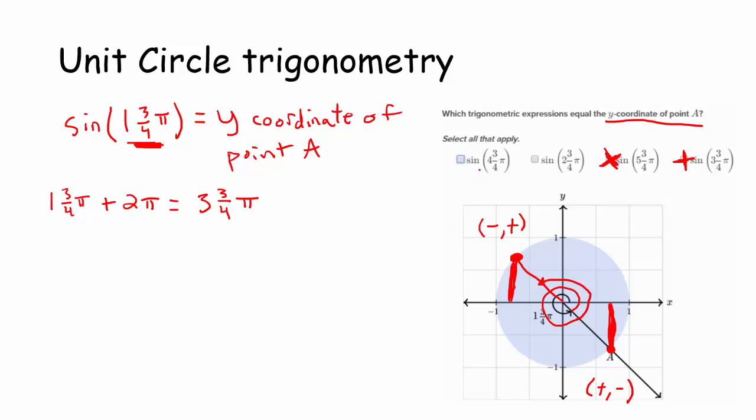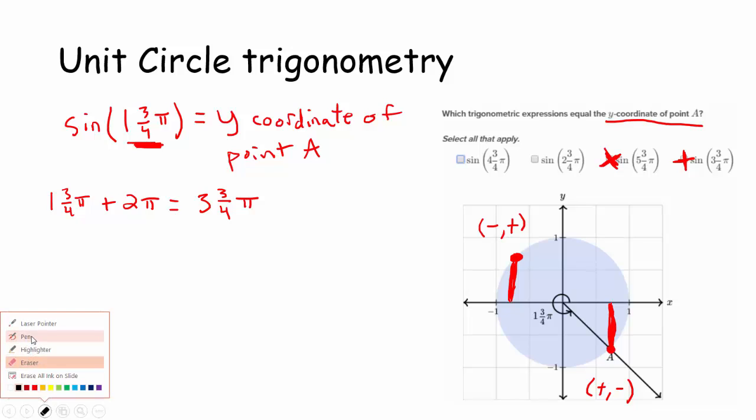So it's not going to be this first choice, and it's not going to be the second choice, by similar logic. From standard position there's 1 3/4 pi, so 2 3/4 pi would put us right there in that same spot. So those are not choices. So we've got two answers to that question.